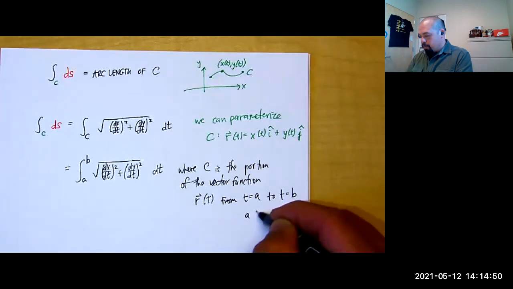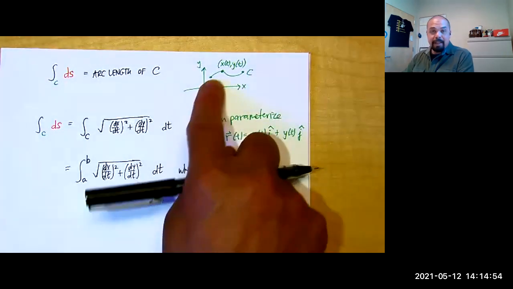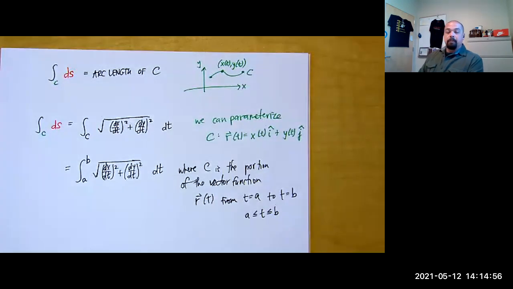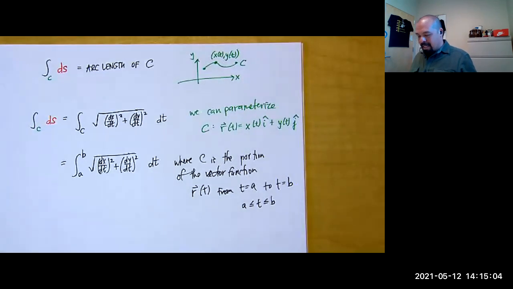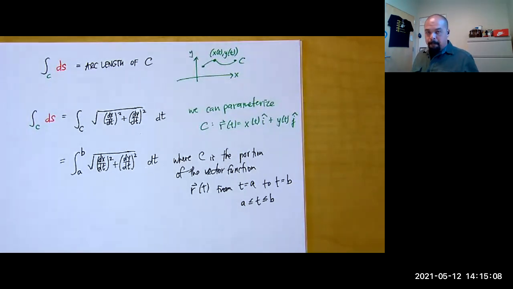So this interval is going to produce that curve. Okay, and so again, this is a little bit of a throwback from our Calc 2 discussion, getting that arc length for these parameterized functions.